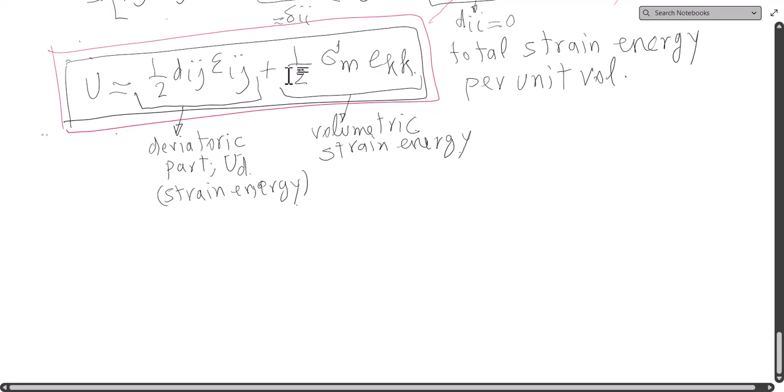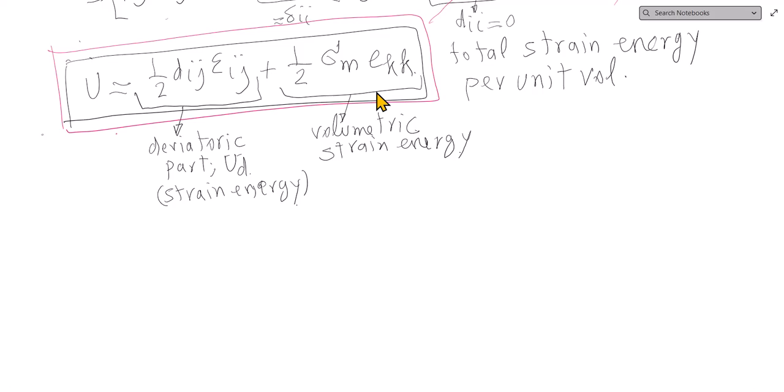So we are not interested in this because we are saying that hydrostatic pressure, when you have equal stress in all directions for a material, will not affect your failure. That is one of the fundamental assumptions in this theory.